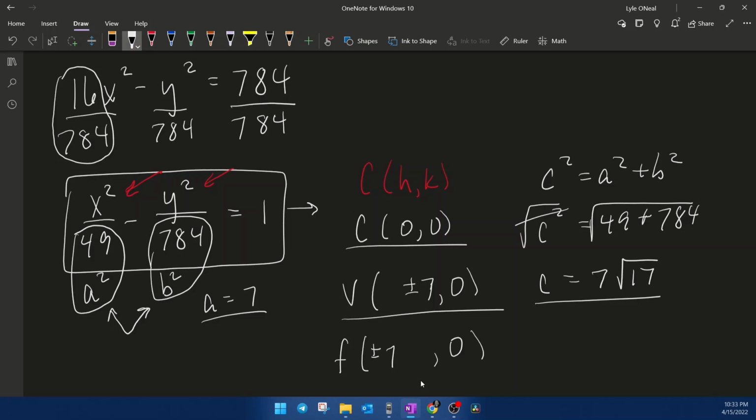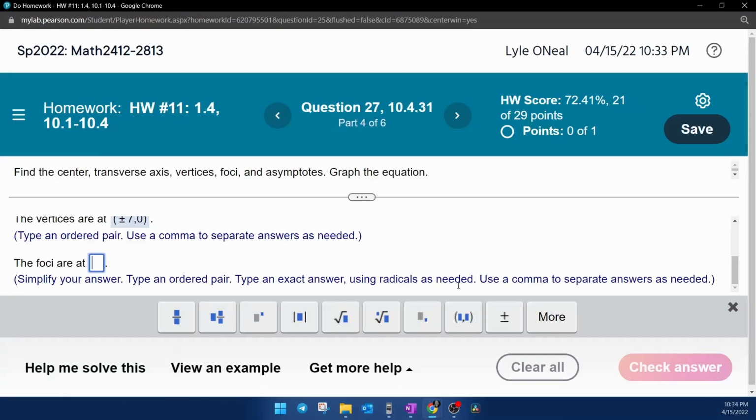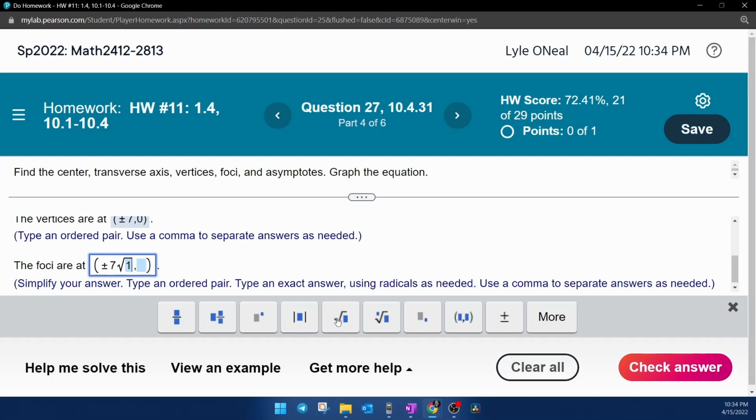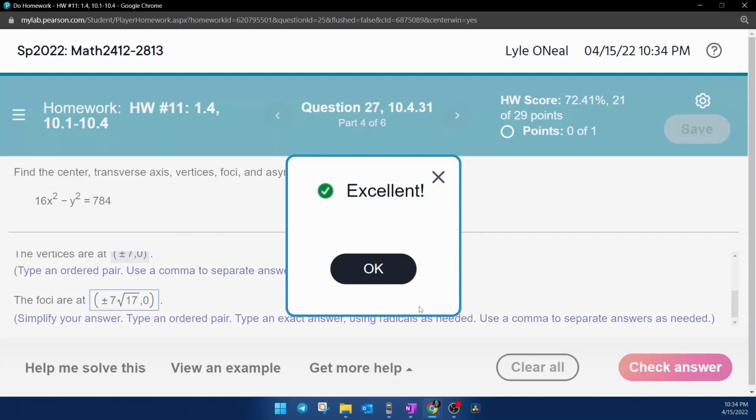Plus or minus 7 square root of 17. And let's go see if we're right. All right, here we go again with the ordered pair tool and trying to get away with the plus or minus tool. 7 square root of 17, comma 0, fingers crossed. Yeah.